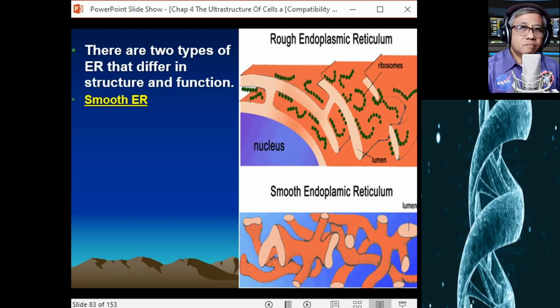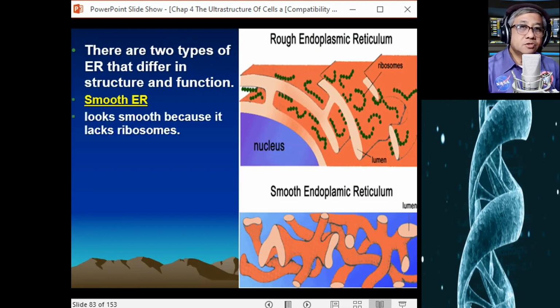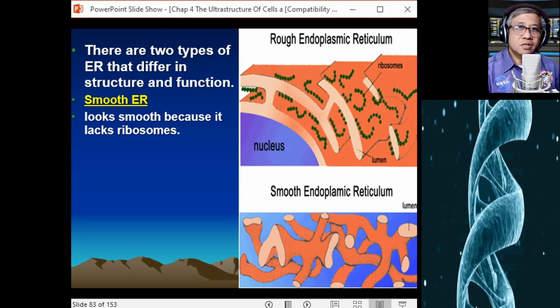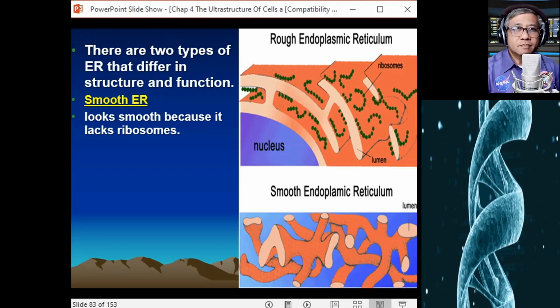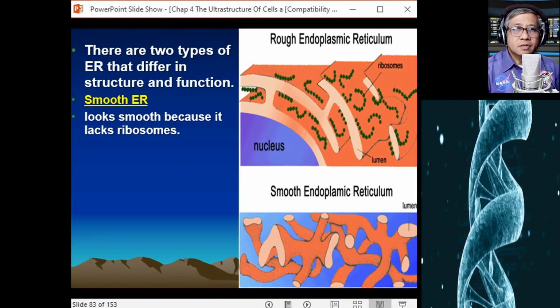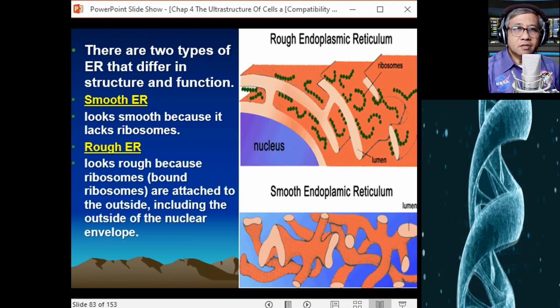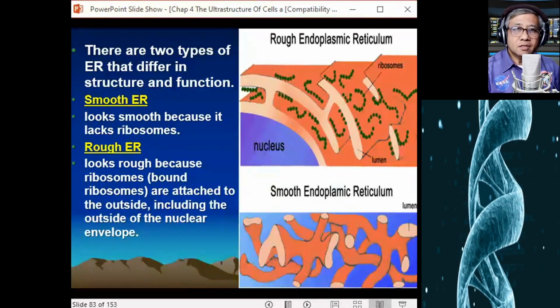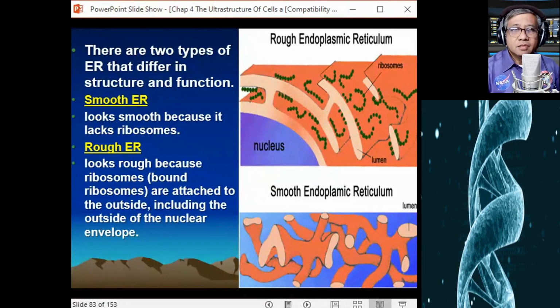Now, the smooth endoplasmic reticulum looks smooth because there are no ribosomes attached to its surface. The rough ER, on the other hand, looks rough because there are ribosomes attached to its membrane.